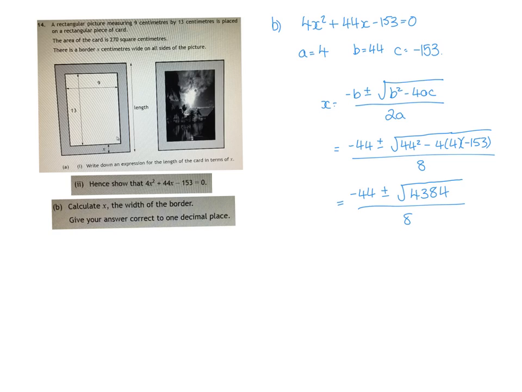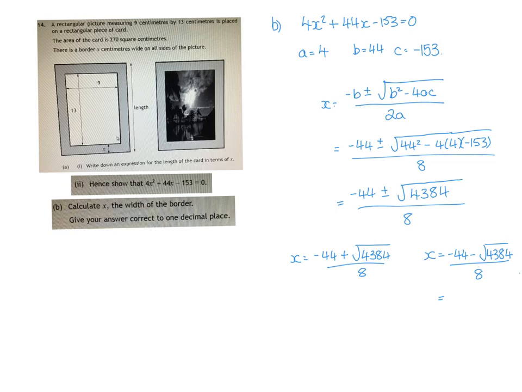So our first one, we have x is equal to minus 44 plus the square root of 4384 all over 8. We also get x is equal to minus 44 minus the square root of 4384, again divided by 8.